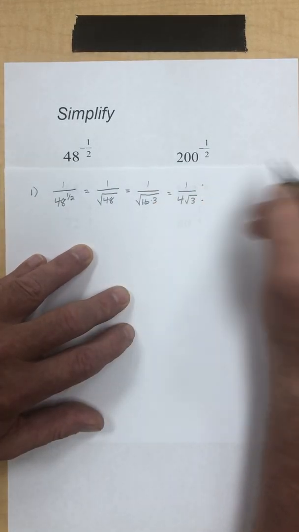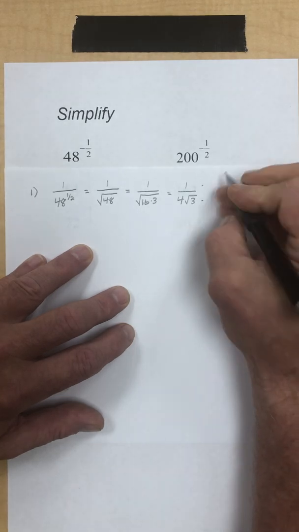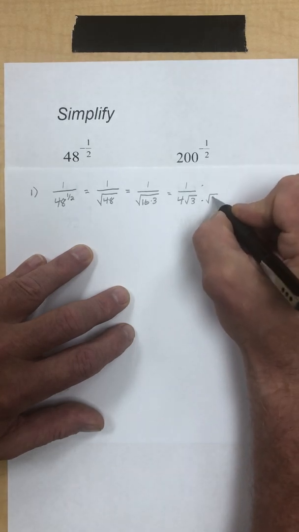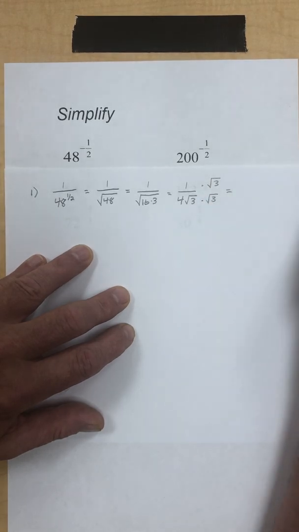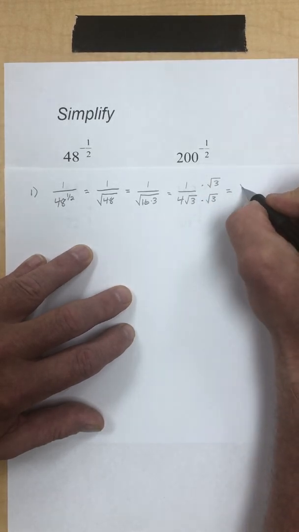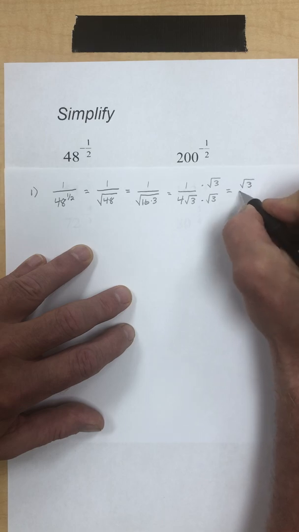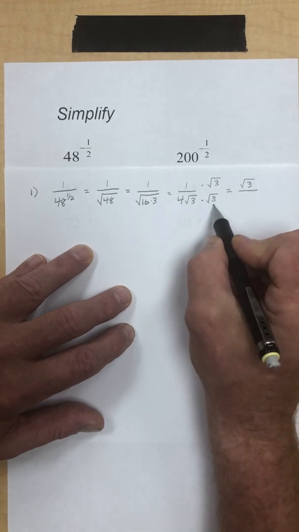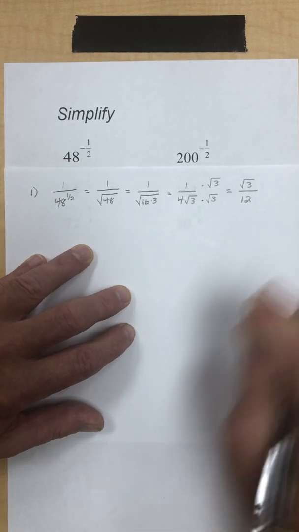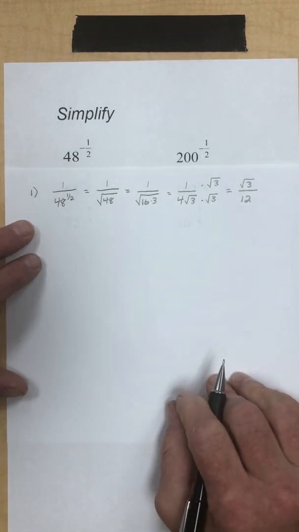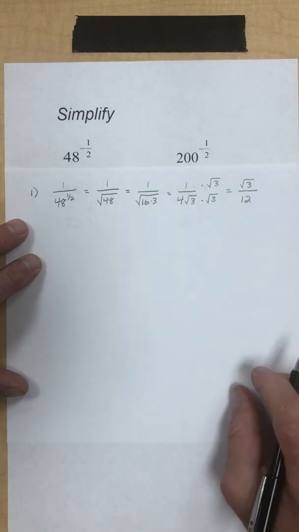So we multiply above and below. Since it's a square root, I just need one more factor of that square root to get rid of it. So we would get 1 times the square root of 3, which is the square root of 3. And down below, square root of 3 times square root of 3 is just 3, so I get 4 times 3, which is 12. And that guy's reduced. And so there's your final answer in root form.